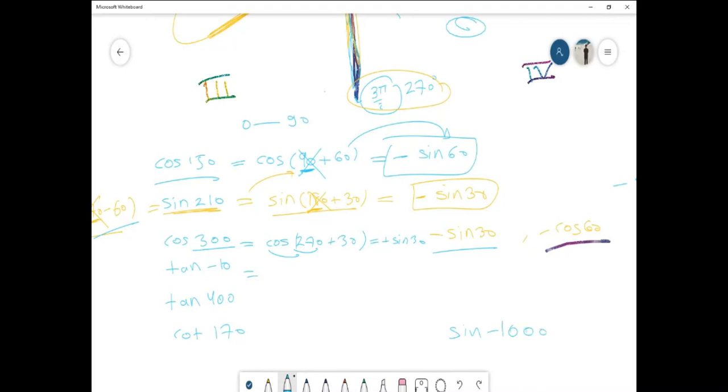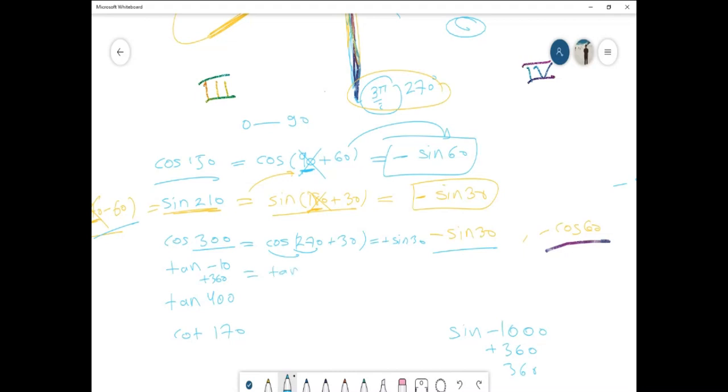And in here we have a negative angle. What I do is I add 360 until it's positive. Let's say this is tangent minus 10.